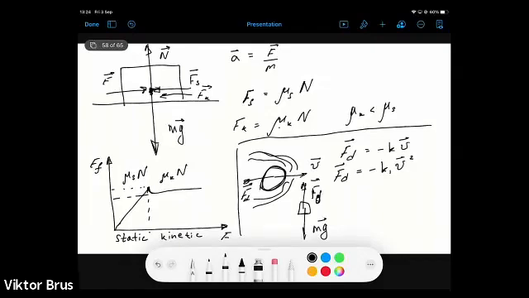At some point, mg will be equal to k1 v squared. Well, here we don't need to put this minus, it's just projections. And this v will be the terminal velocity. So we can calculate it. V terminal is equal to the square root of mg divided by k1.